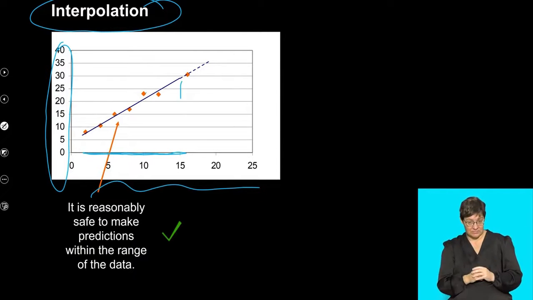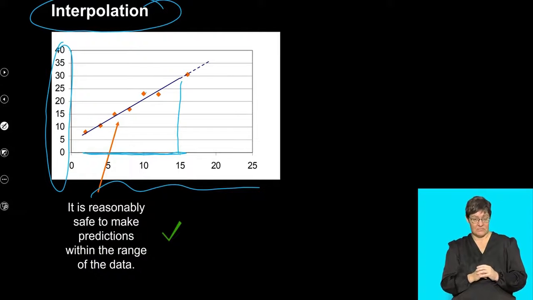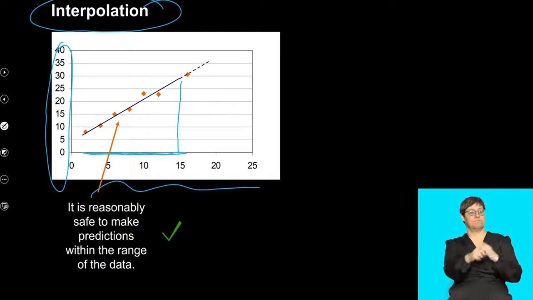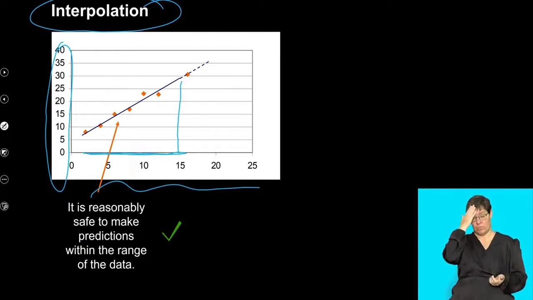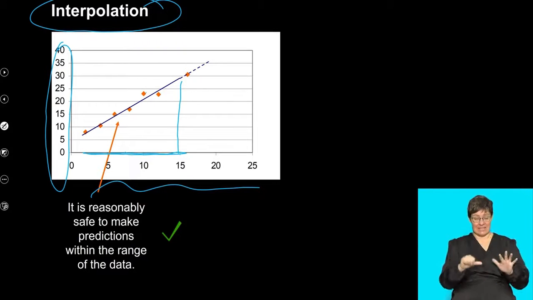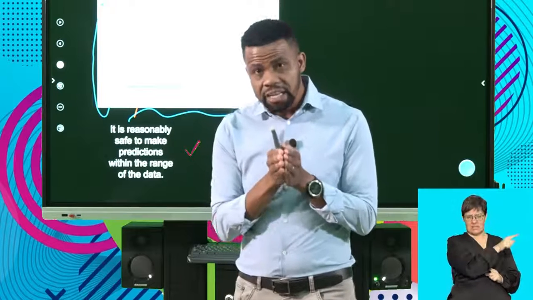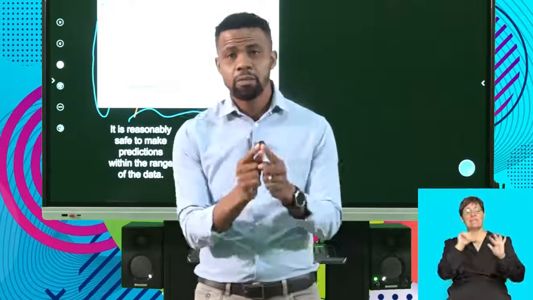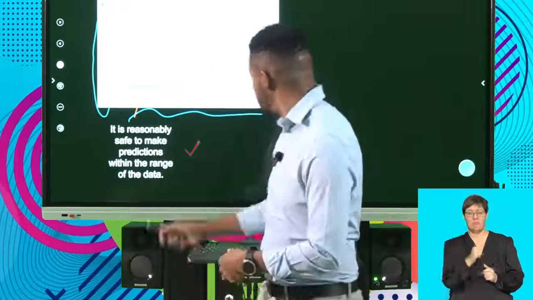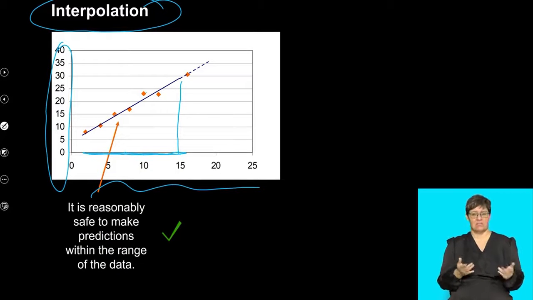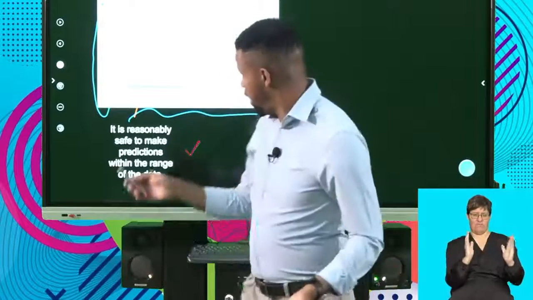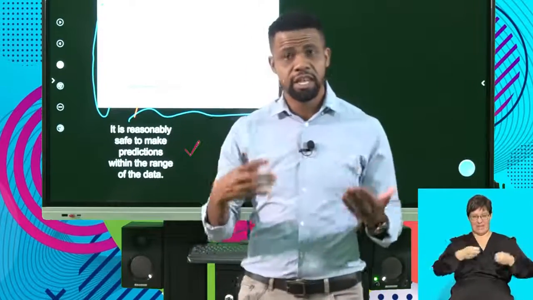Are we together? That triangle. So if I want to know, if my x is 6, what is y, I'm interpolating because 6 is within the range. What if I use 11? Yes, with 11 I'm also interpolating because 11 is within the range of the data given.